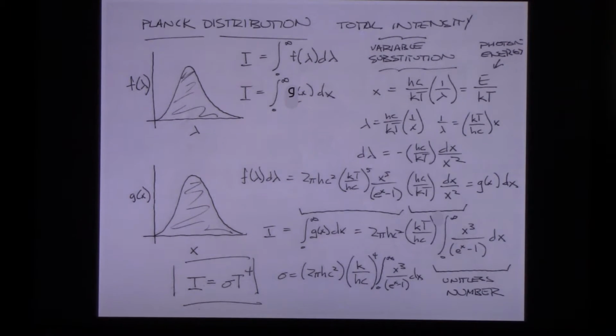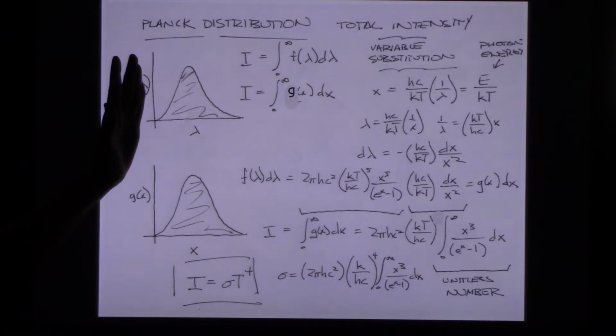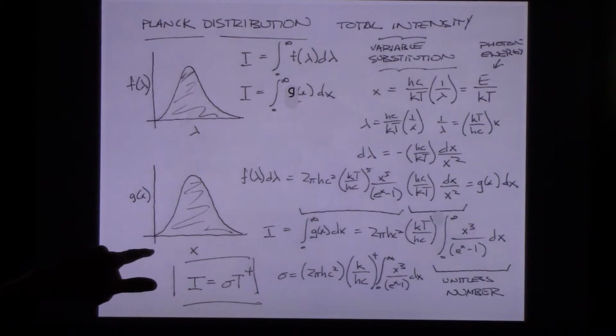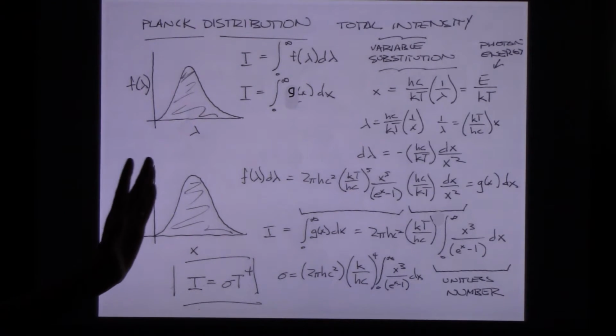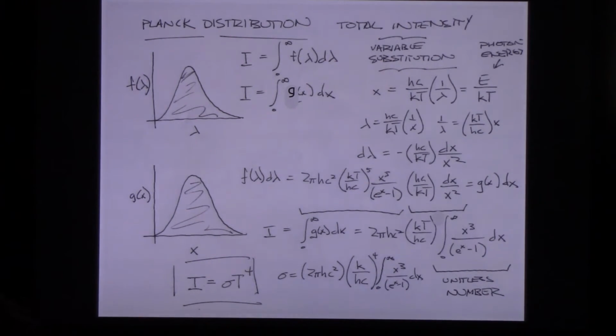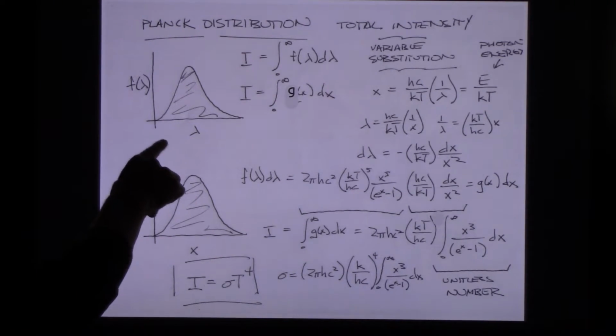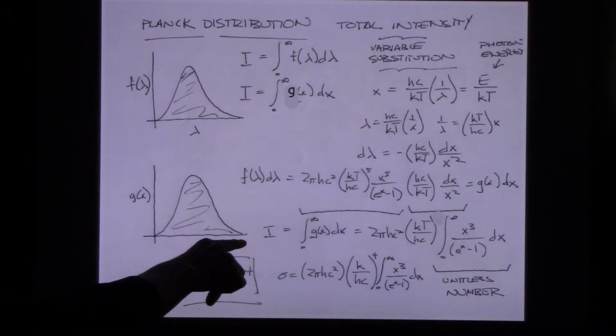Before, and let's think about this, I was integrating from short wavelength to long wavelength. But when I integrate in terms of energy, I'm integrating from low energy to large energy. That's the reverse, because the low wavelength end of the spectrum corresponds to the high energy end.